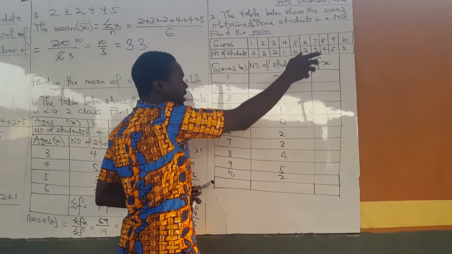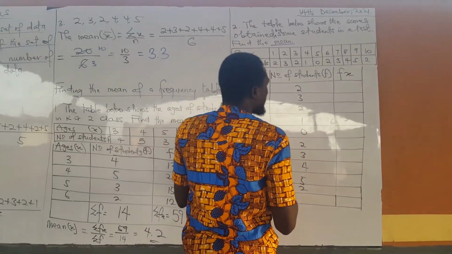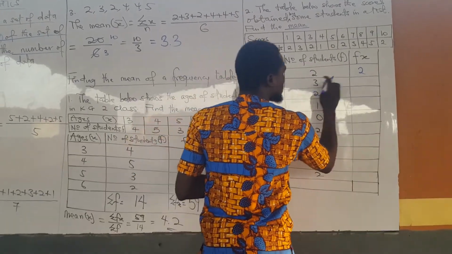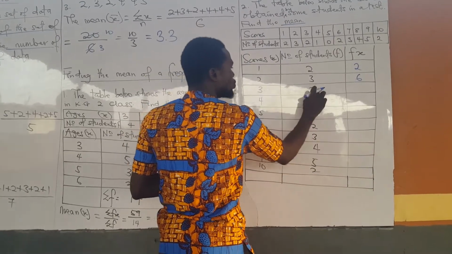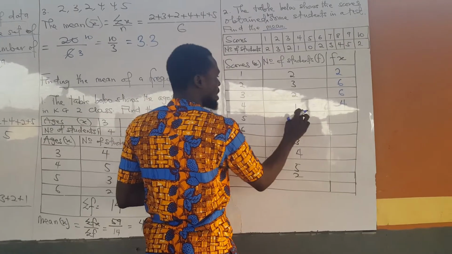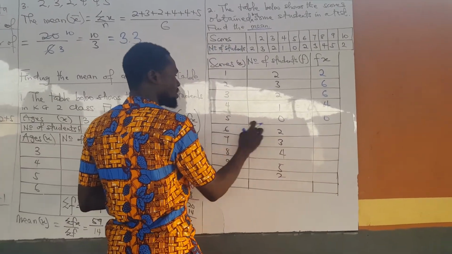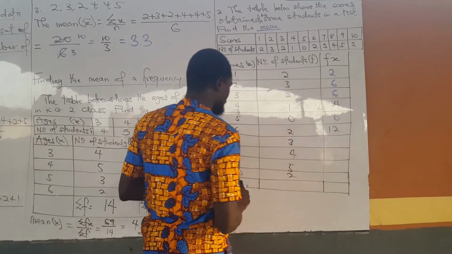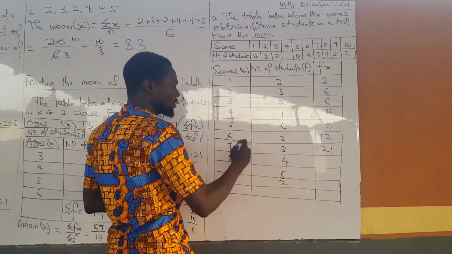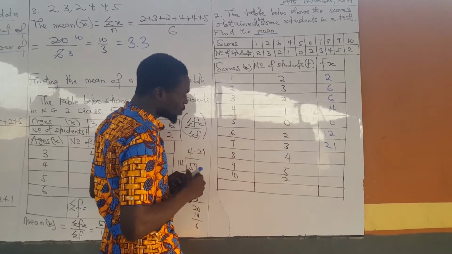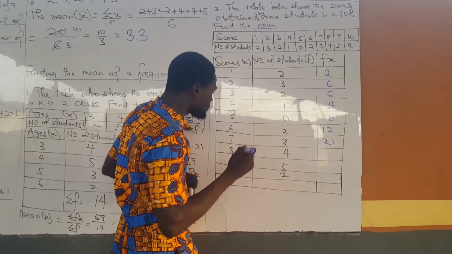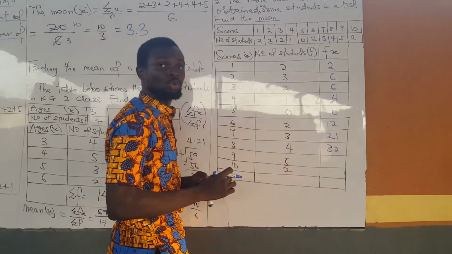So you just multiply. 2 times 1 is 2. 2 times 3 is 6. 3 times 2 is 6. 4 times 1 is 4. 5 times 0 is 0. 6 times 2 is 12. 7 times 3 is 21. 8 times 4 is 32.